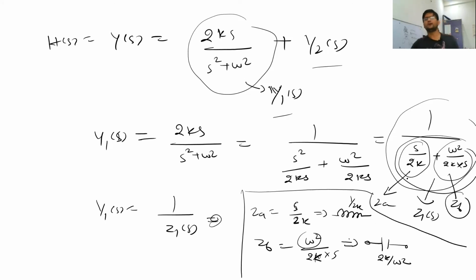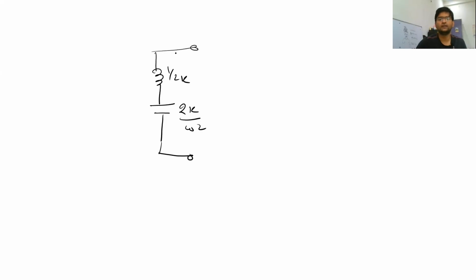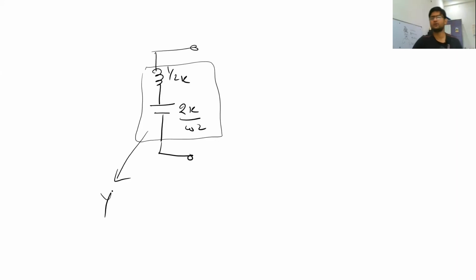Now, since these impedances ZA and ZB are added here, definitely you are going to get a series combination of this inductor and capacitor, where the inductance value is 1 upon 2k and the capacitor value is 2k upon omega square. So this whole thing is represented as Z1, or if you want to tell it as admittance, this whole thing is Y1s. So this Y1s is in parallel with which one?